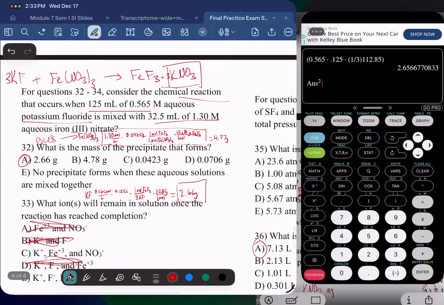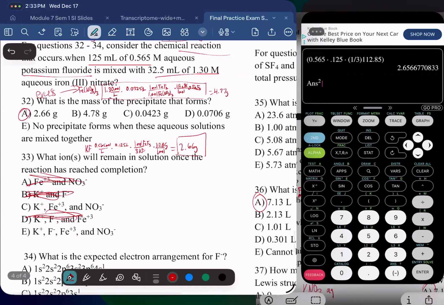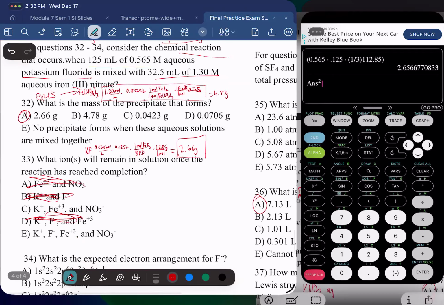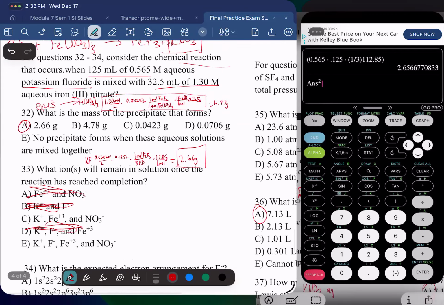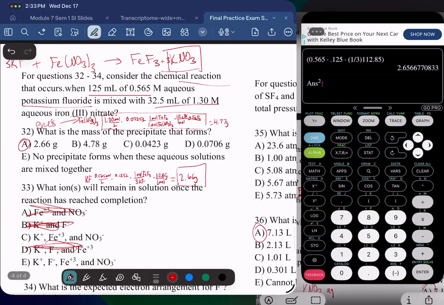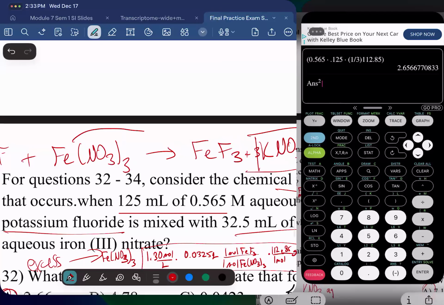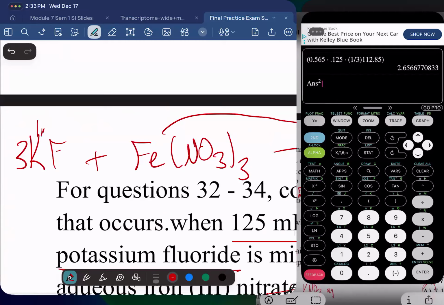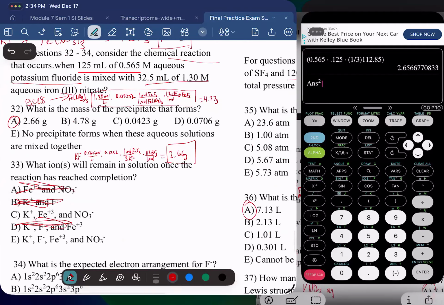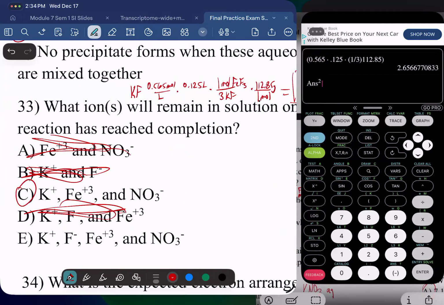And so we know that iron 3 nitrate is in excess. And so what we can assume is that not all of the iron 3 ion is actually going into the precipitate. Because it's in excess, not all of this is going into this. There's some iron 3 that's not being reacted fully because KF is limiting. So there actually is going to be some iron 3 left over in there.